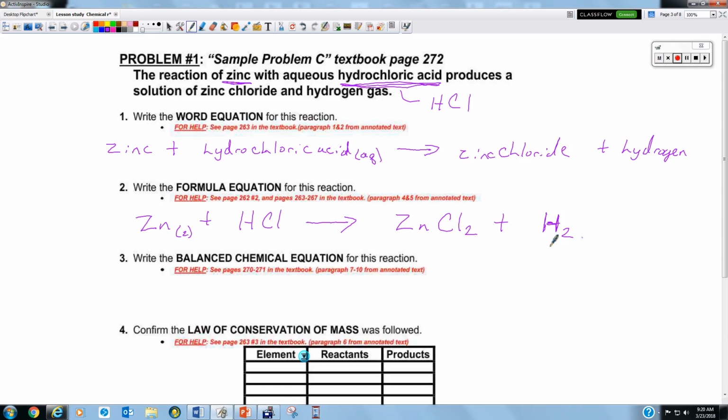All right, so if I wanted to go ahead, this is a solid. I said this one was aqueous. This is also going to be aqueous. And this is a gas. All right. Now for balancing the equation, I'm just going to rewrite what I did before.